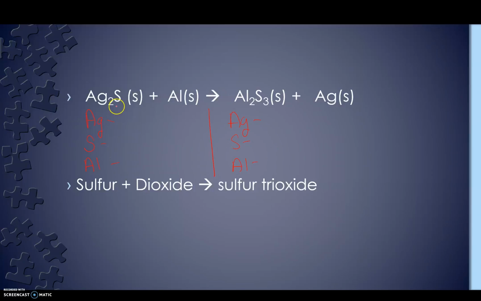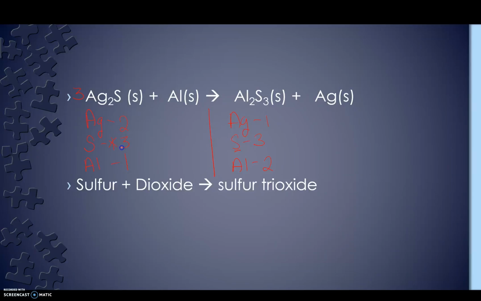On this side, we've got 2 silver, 1 sulfur, 1 aluminum. On the product side, we've got 1 silver, 3 sulfur, 2 aluminum. The best way to go about this is to start with sulfur, because it's the one that's in a compound on both the product and the reactant side. We've got 3 sulfurs on the product side, so we give a coefficient of 3 on the reactant side.